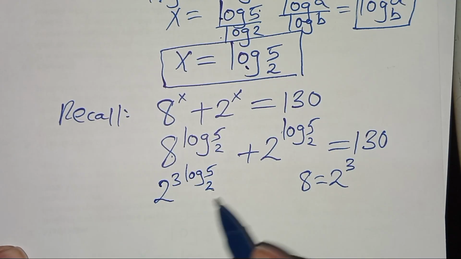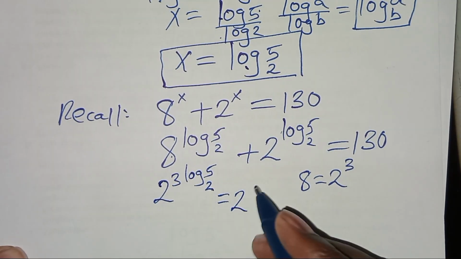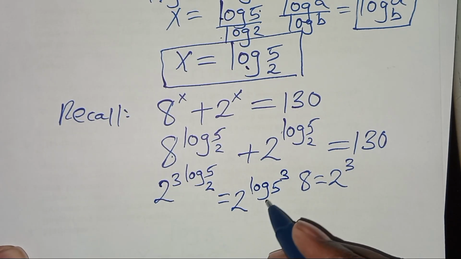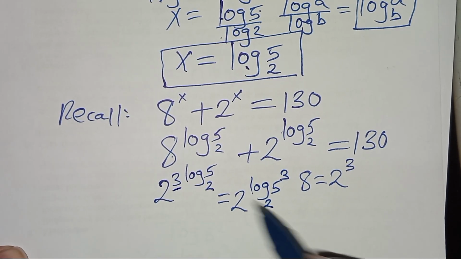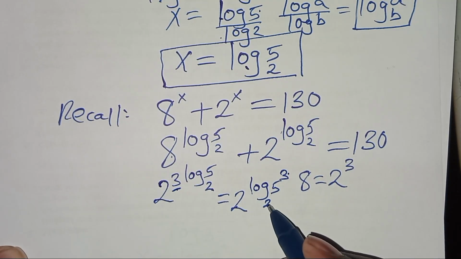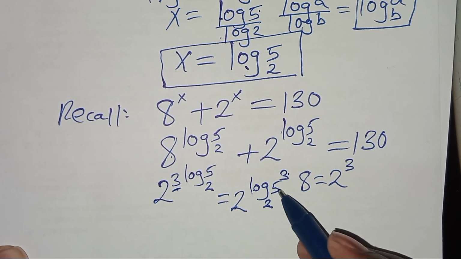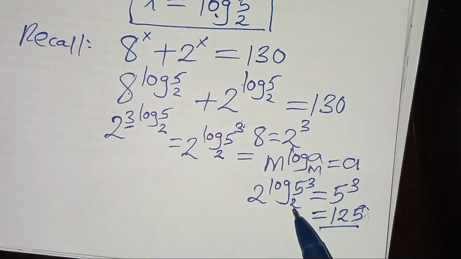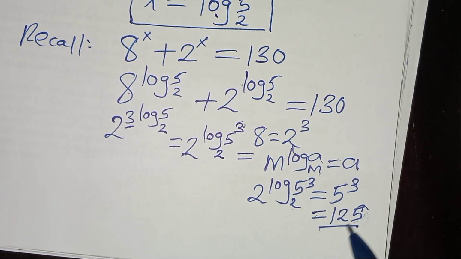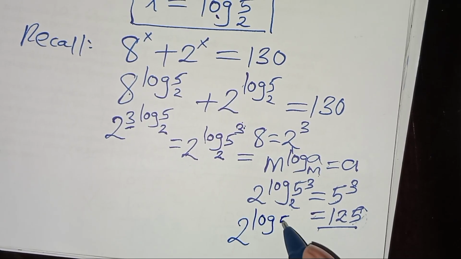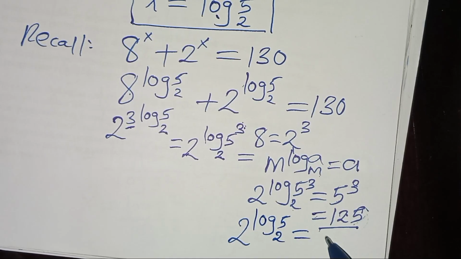Now, we can express this as 2 to the power log 5 to the power 3 to base 2. So this is a power, and this changes to 2 to the power log 5 cubed to base 2. Now, 2 to the power log 5 cubed to base 2 is equal to 5 cubed, which is 125. And 2 to the power log 5 to base 2 is basically equal to 5.